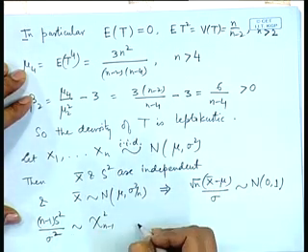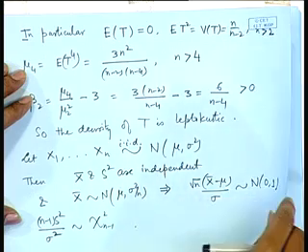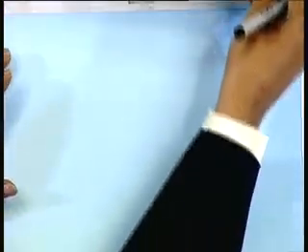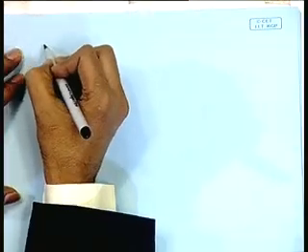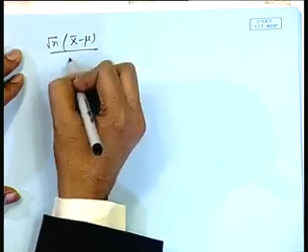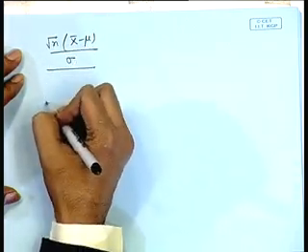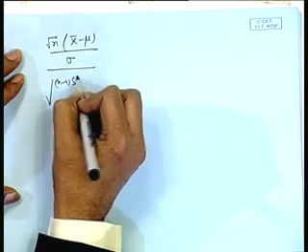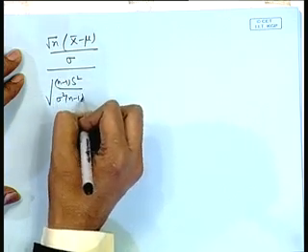So, if I make use of this definition of the two variables of the T variable, then I can write root n x bar minus mu by sigma divided by root of n minus 1 s square by sigma square into n minus 1.